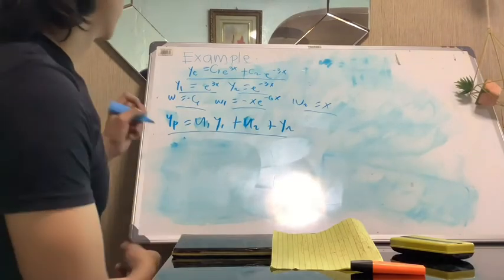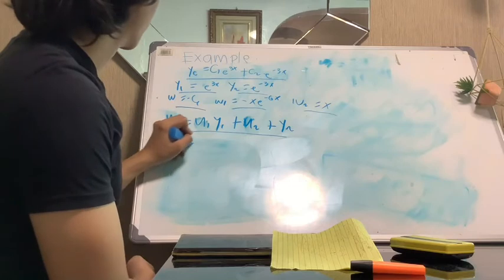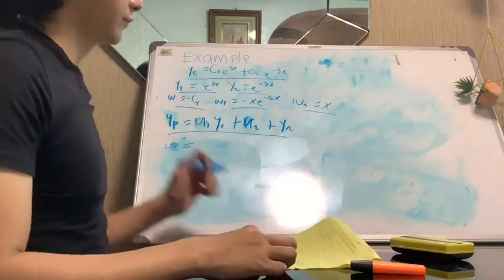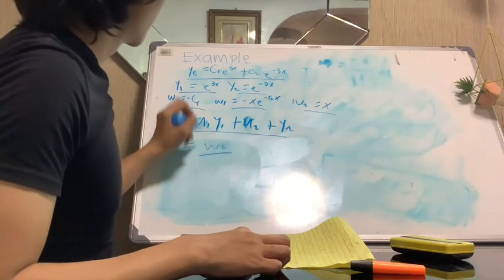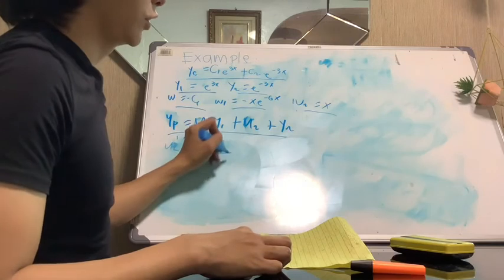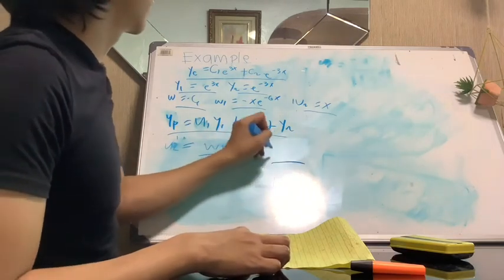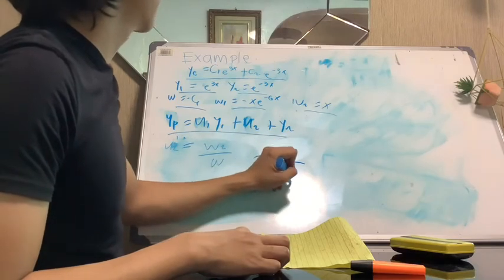Now let's get our u2. u2 prime is W2 over W. The equivalent of W2 is x and W is negative 6.